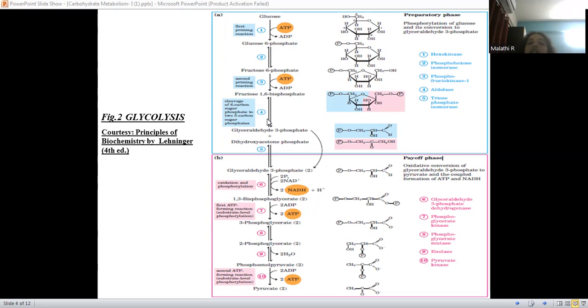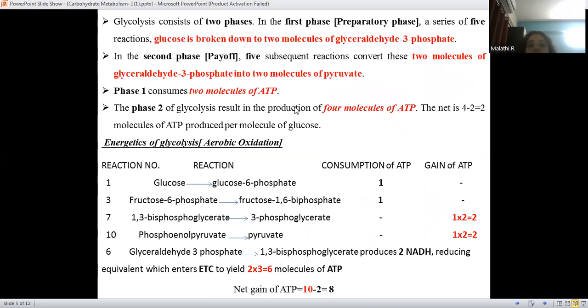So overall, in the first 5 reactions we invest ATP, and in the next 5 reactions we actually harvest ATP. According to the energetics, we invest 2 ATP molecules, which means glycolysis consumes 2 ATP, and you gain 4 ATP, because from glyceraldehyde 3-phosphate the reaction becomes 2 and 2, as two 3-carbon compounds are formed.